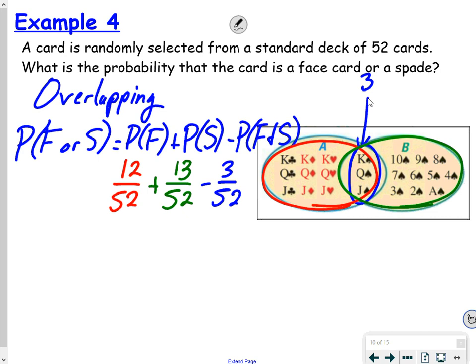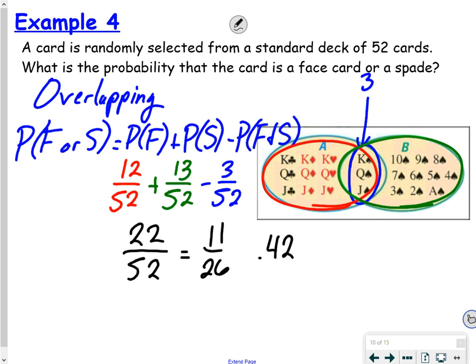So that'd be 22 out of 52, which is 11/26. If we type that into the calculator, we get 0.423 to the nearest thousandth, which is 42.3%. And that makes sense. If we take a look at the amount of cards here and just add them all up, we get 22.